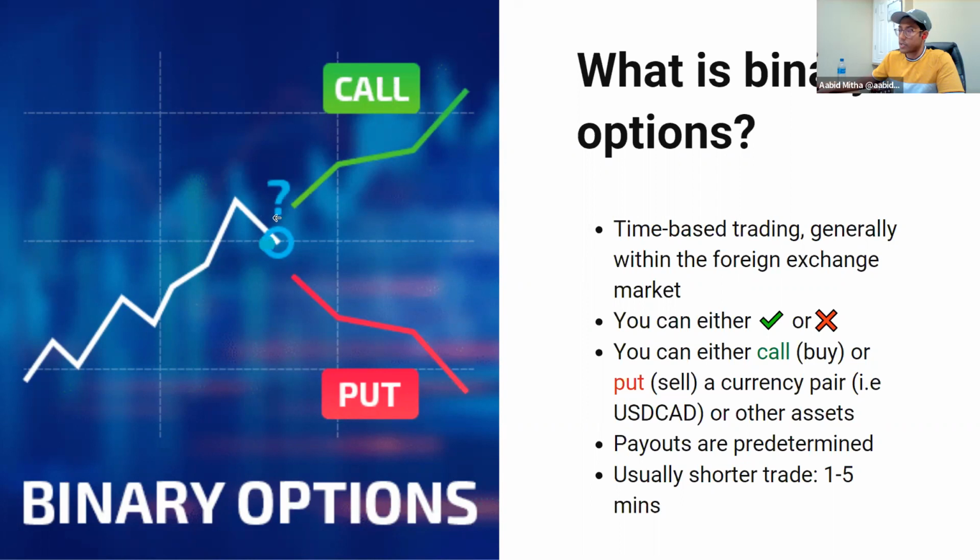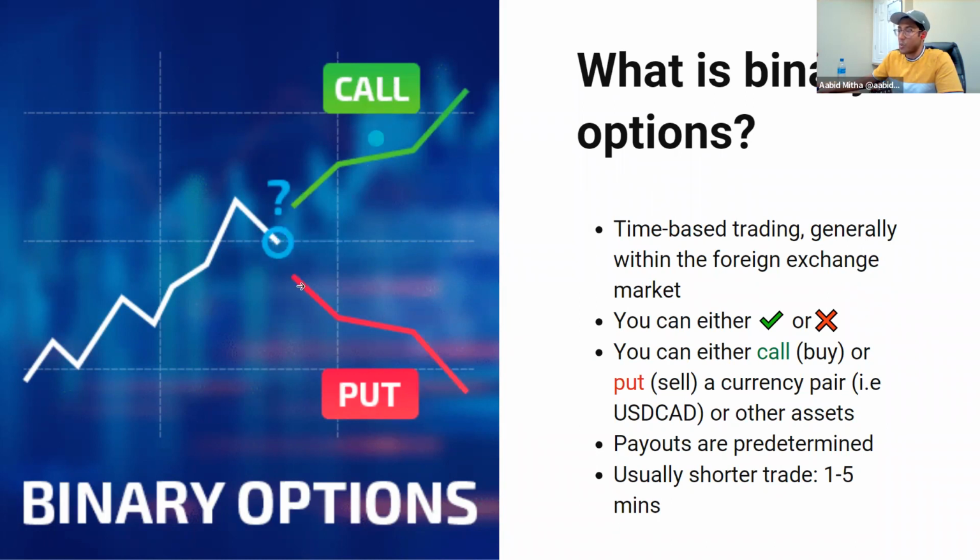If we see this little picture over here, let's say our white line is showing the movement of price. At this point, we want to enter the market. Everything is really simple. You either call or you put.